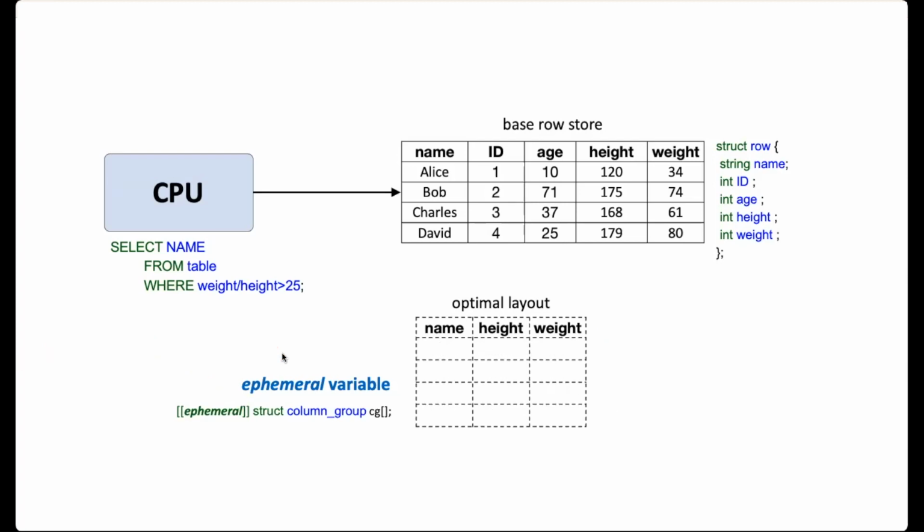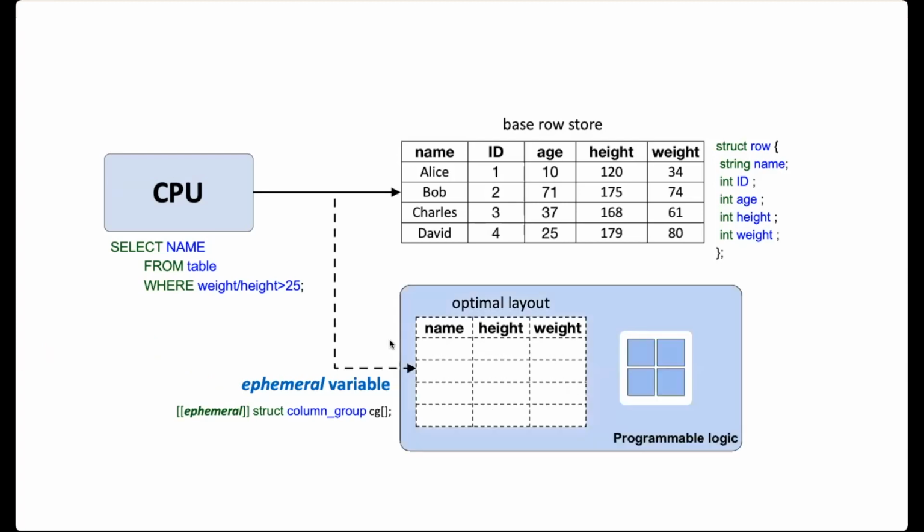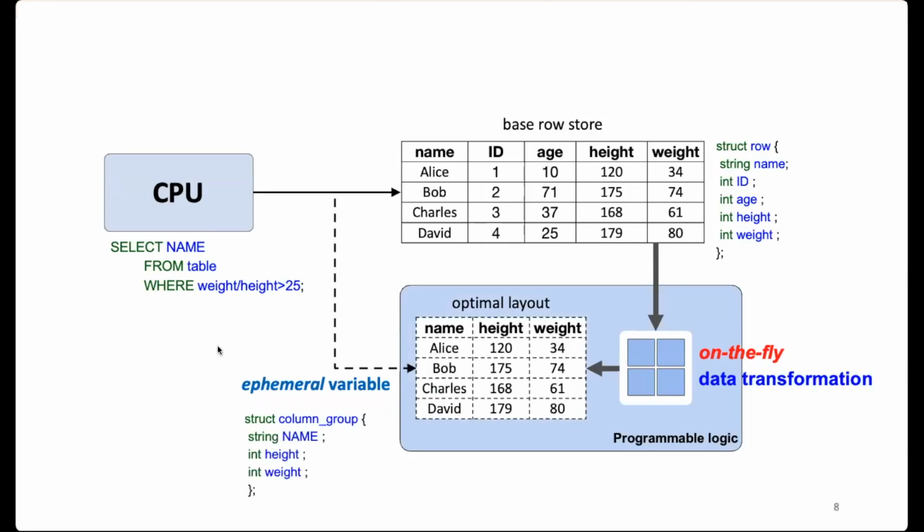Instead, upon accessing such a variable, the underlying machinery is set in motion and generates an on-the-fly projection. It provides the reorganized data. In this way, the ephemeral variable points to an optimal layout for any query, and the software does not need to consider the underlying hardware and accesses the data as if its optimal layout is always available.